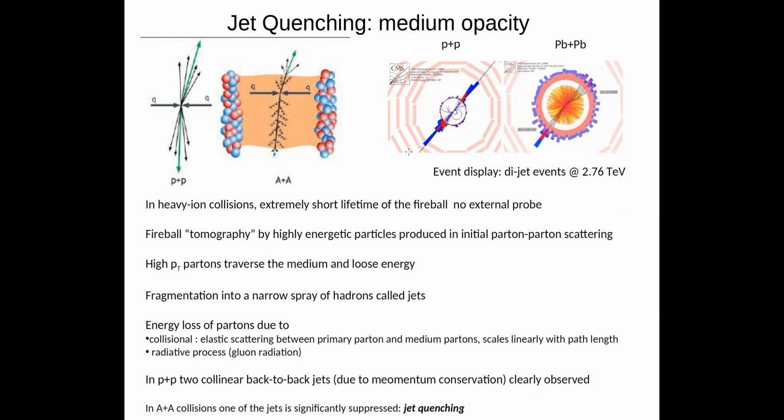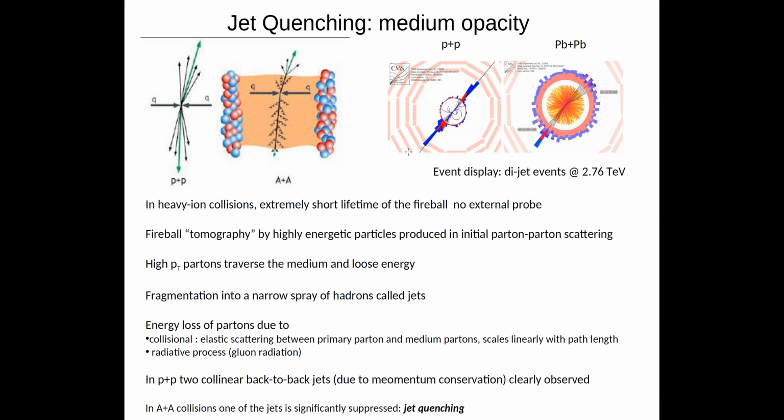There are two kinds of energy loss. One is called the collisional energy loss, and another is called the radiative energy loss. Radiative energy loss is basically the gluon radiation, and the collisional energy loss is because of the elastic scattering between the primary parton and the medium partons, and it scales linearly with path length.